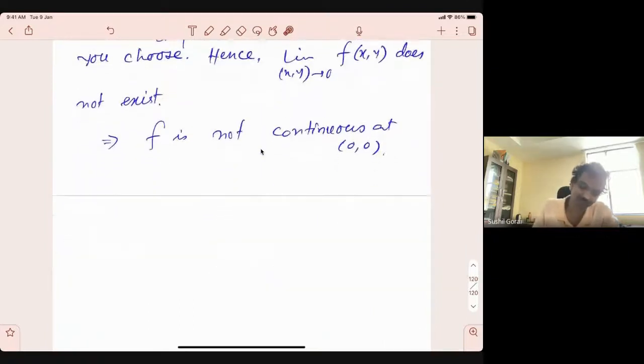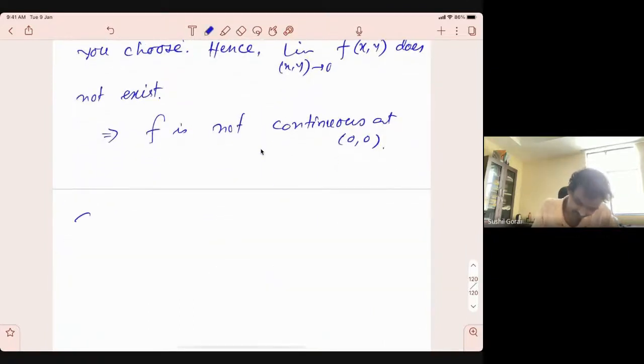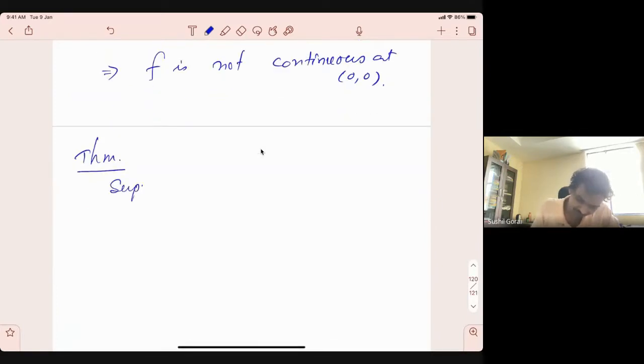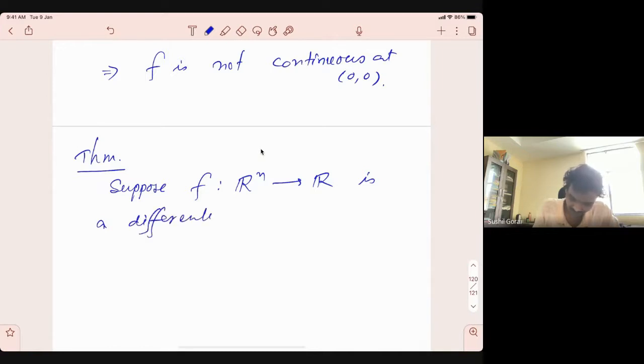Well, another application of the mean value theorem. Suppose f from R^n into R is a differentiable function with continuous partial derivatives.